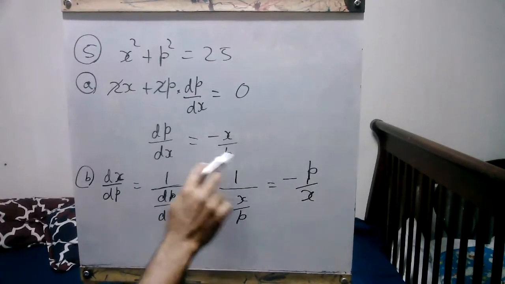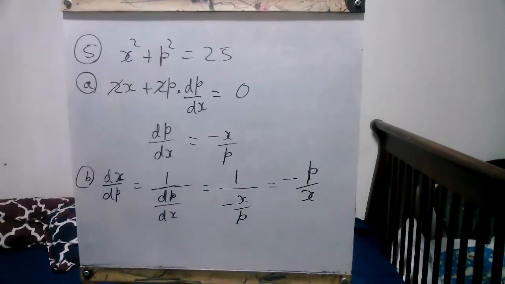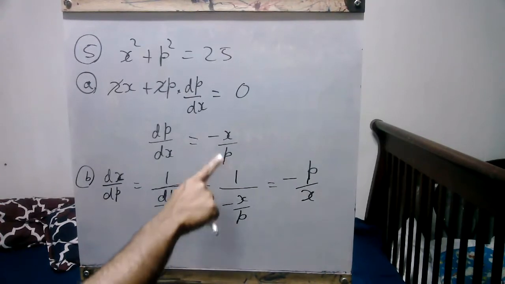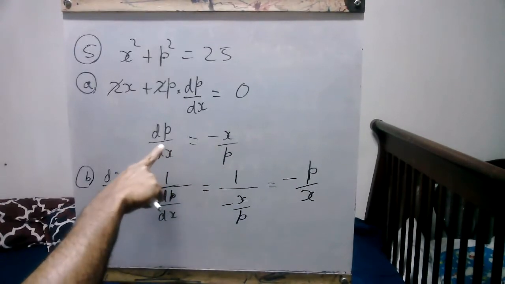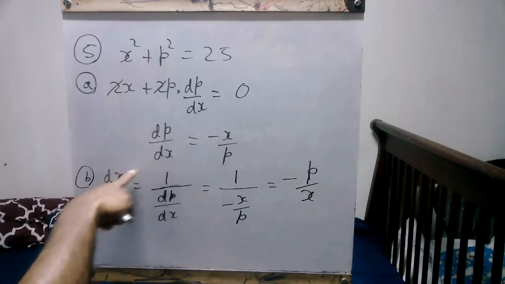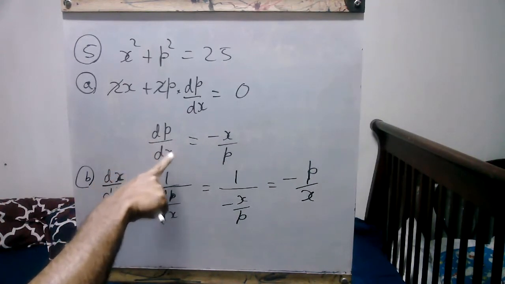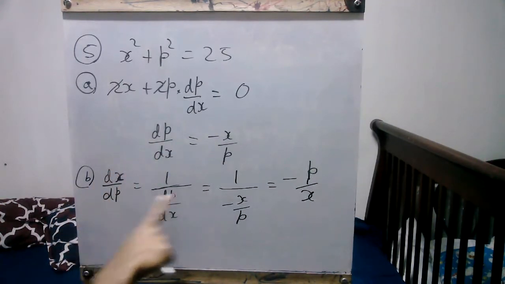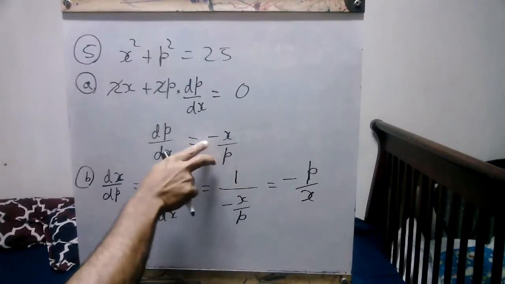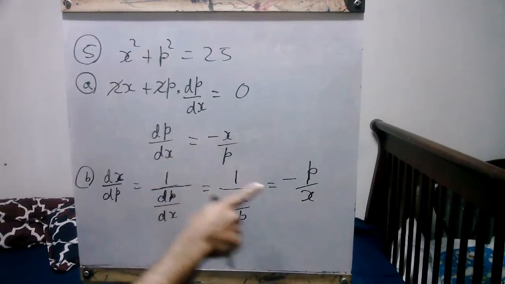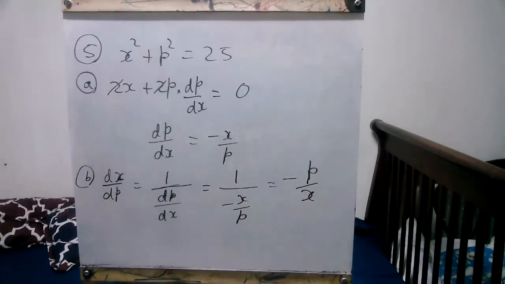That means if you find dp/dx, we can find dx/dp just by the reciprocal of this. You see, negative x over p becomes negative p over x.